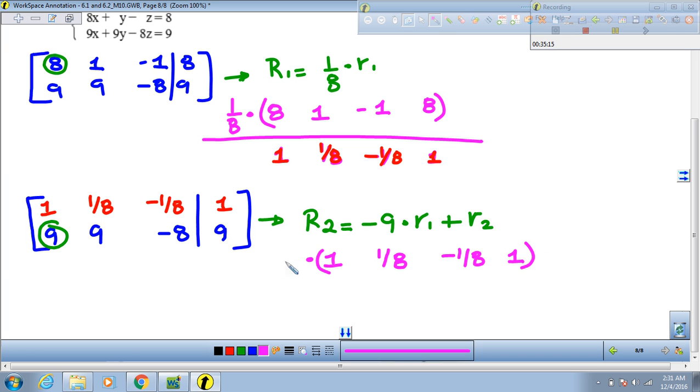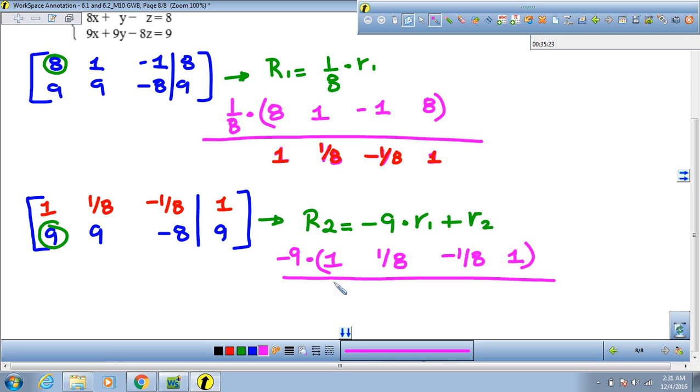We multiply all this times negative 9. So negative 9 times 1, negative 9. Negative 9 times 1/8, negative 9 over 8. Negative 9 times a negative 1 over 8, positive 9 over 8. Negative 9 times 1, negative 9.